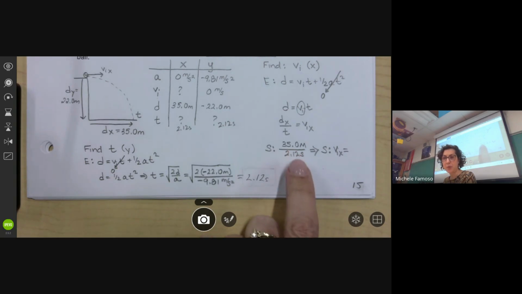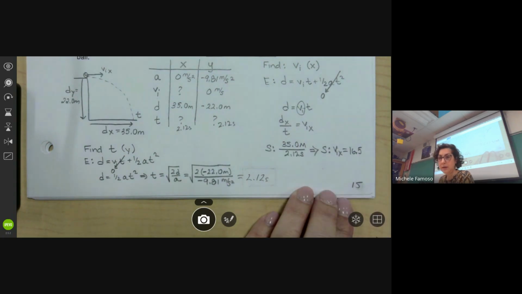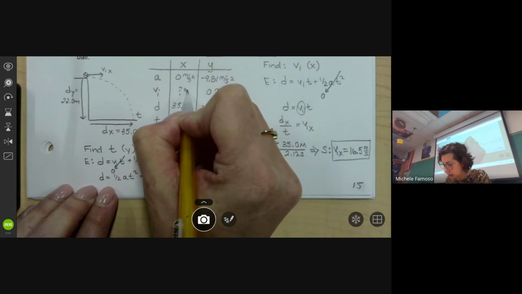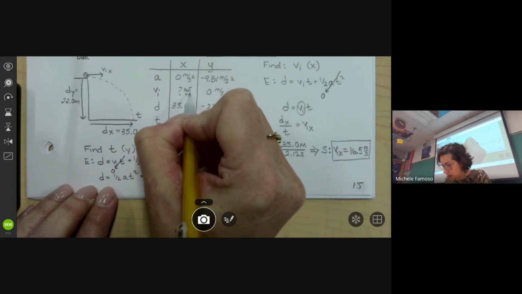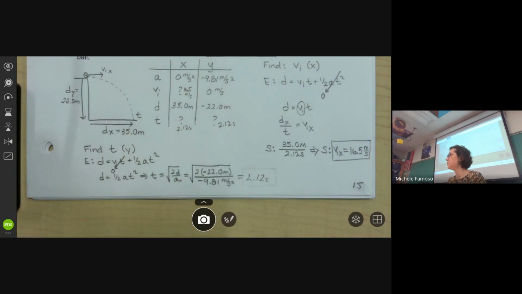No, 35.0 divided by 2.12 is not 11.8. There you go. And the units on that, please? Very good. So that velocity in the x direction, which we were looking for, is 16.5 meters per second. Notice now my table is complete. There was nothing left to find.